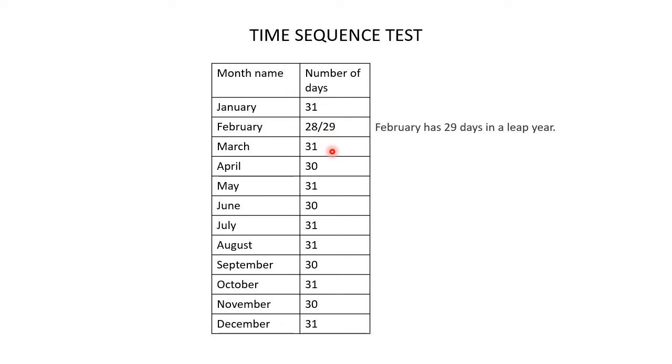March has 31 days, April has 30 days, May has 31 days, June has 30 days, July has 31 days, August has 31 days, September has 30 days, October has 31 days, November has 30 days, and December has 31 days. It's important to remember this table because it will help you to solve many problems on calendar-based time sequence test questions.